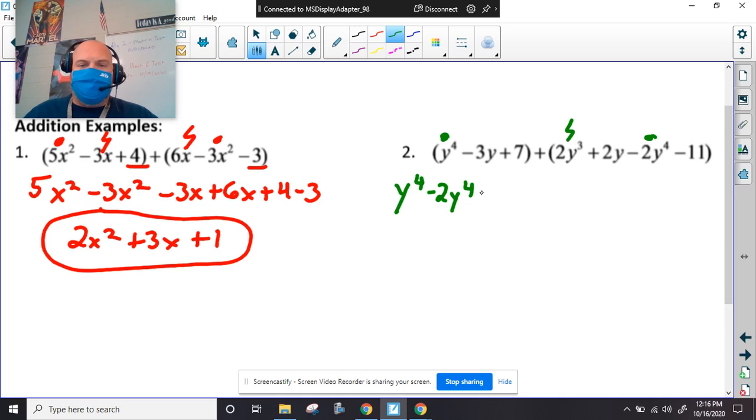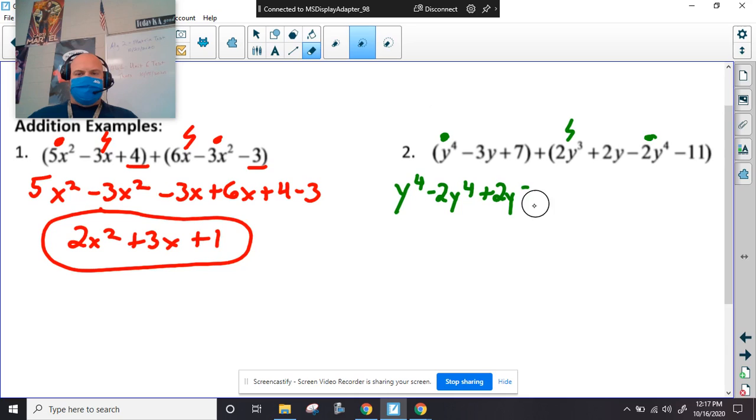Great, to the 3rd. Do we have any x squareds? Oh, that third power is kind of bad. Looks like we don't have any x squareds. So now I'm going to put a box over my y's to the first.